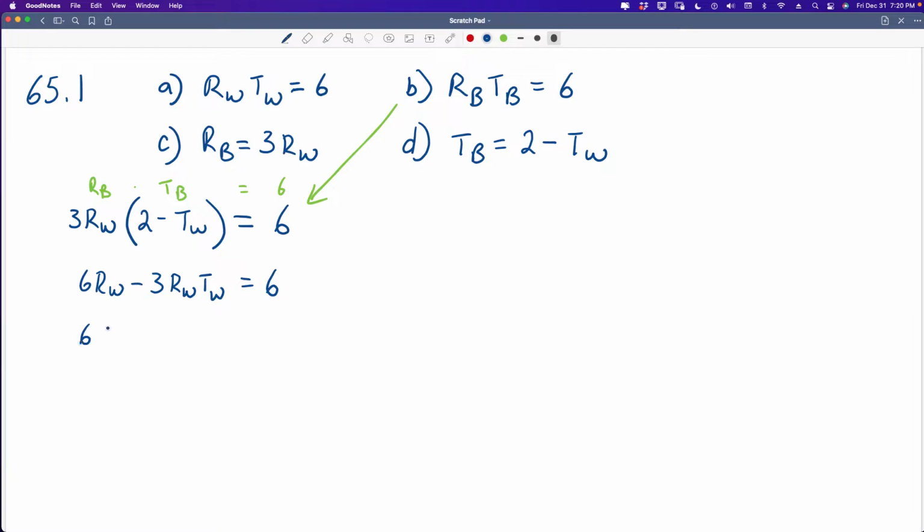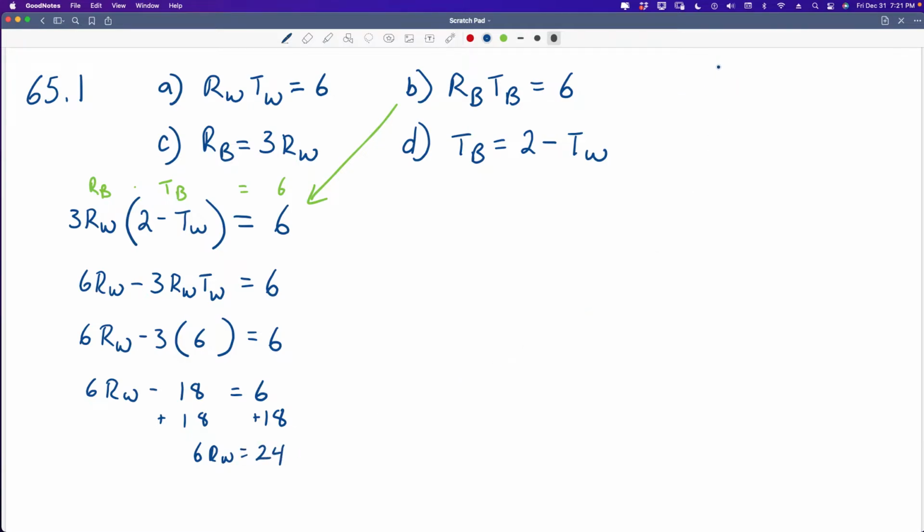So 6 times RW minus 3 times the value of RWTW is 6, so we can put 6 right in there. That equals 6. So 6 times RW minus 18 is equal to 6. So we're going to add 18 to both sides. So 6 RW is 24.